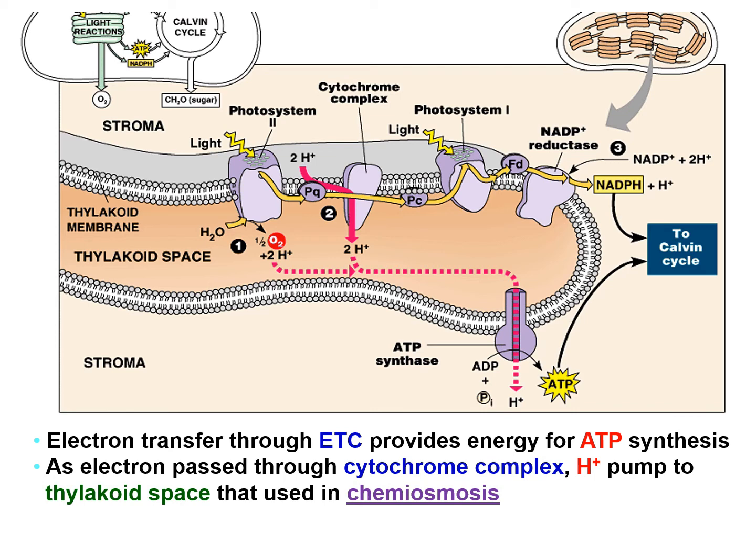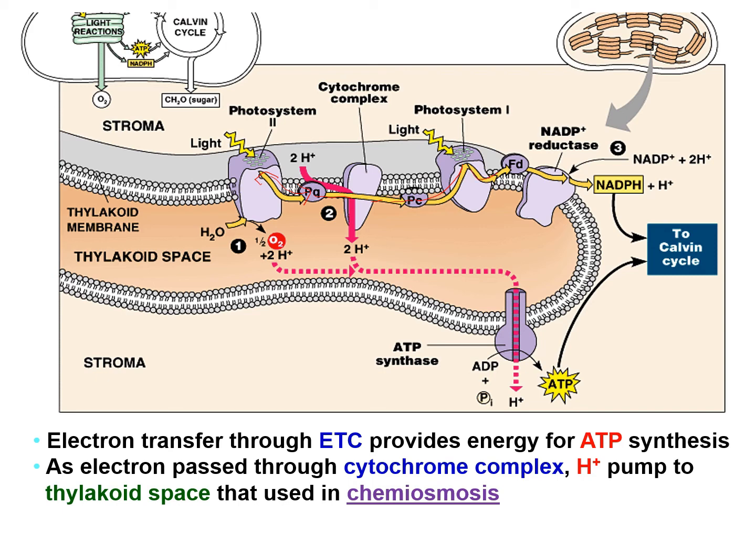The ETC provides energy for ATP synthesis. As electron is passed from photosystem 2 to the primary electron acceptor in the photosystem 2 and then to the plastoquinone, plastoquinone passes the electron to the cytochrome complex and then to the PC, plastocyanin, and to the photosystem 1.